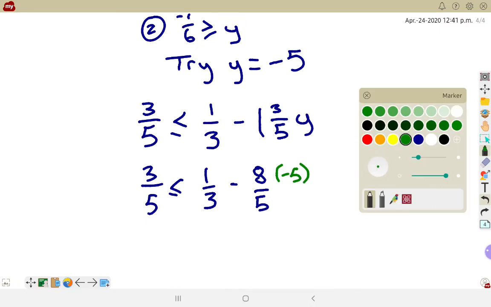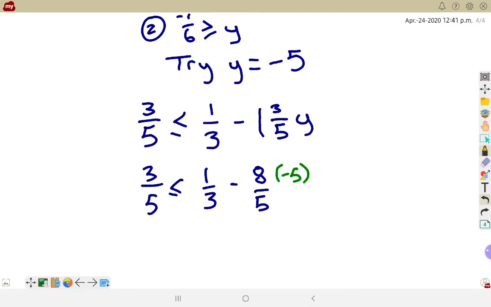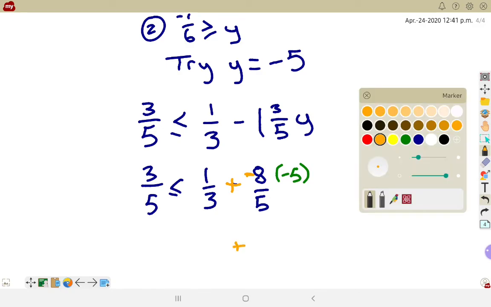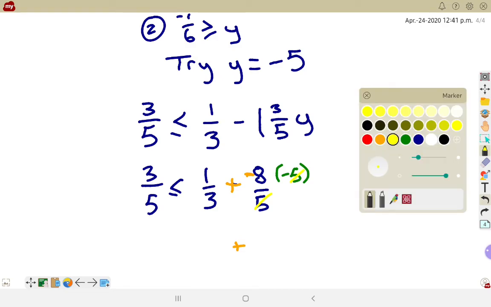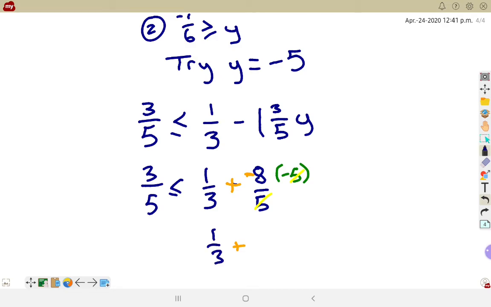Just like we did when we were verifying before, I'm going to rewrite this as plus -8. So now I've got -8 times -5, so I'm going to get something positive. The 5 and the 5 cross reduce, and they just become 1s, so that's very simple, because now I just have 1/3 plus 8 should be greater than or equal to 3 over 5.